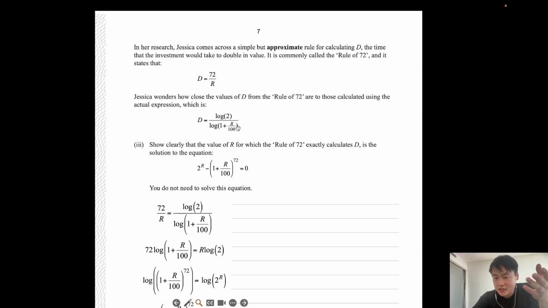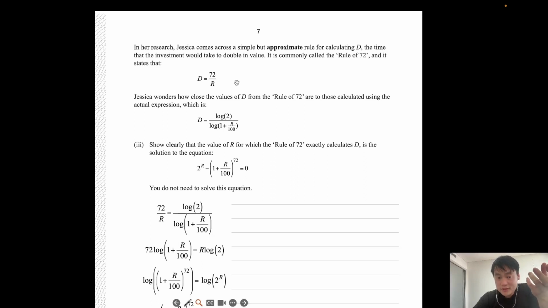This one over here, they're telling you this is the actual expression, as in the thing that actually solves whatever. So the rule of 72 is really just asking you to find what number d has to be to get double the investment.